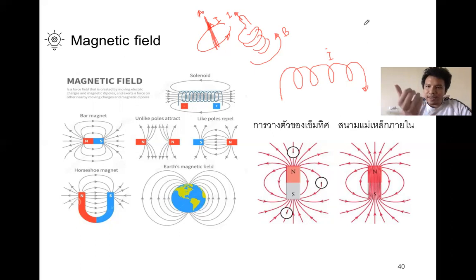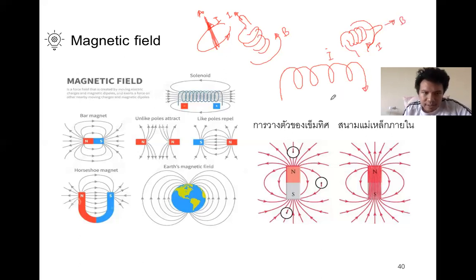I then use my forefingers as the current, and I use my thumb as the magnetic field. So if I use the right hand rule, I get this as the current, and then my thumb direction is the magnetic field.